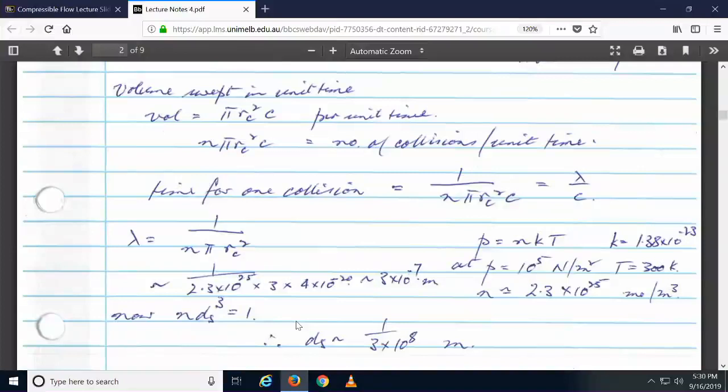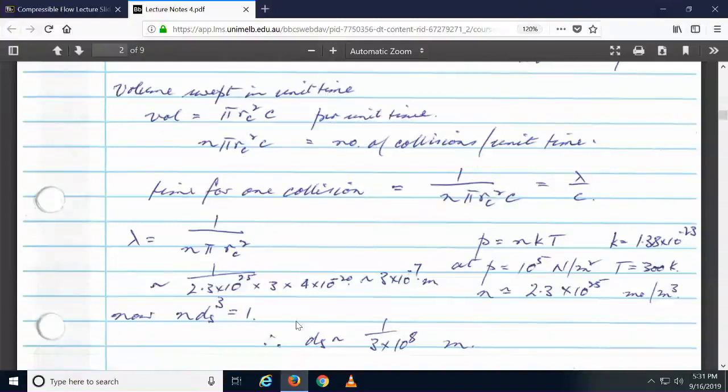Well, I take the cube root of 1 upon n, so that is 1 over 2.3 by 10 to the 25th, and I take the cube root of that.